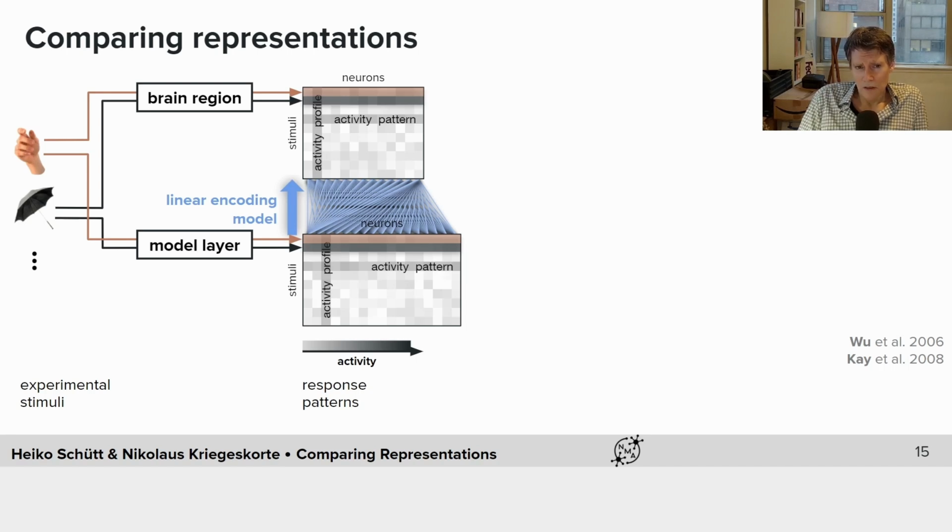And this is a directed model. So the goal is to predict the brain responses from the neural network responses. And that's natural in this kind of comparison, where we have measured data on one side from the brain, and we have a noise-free model on the other side that we wish to evaluate.